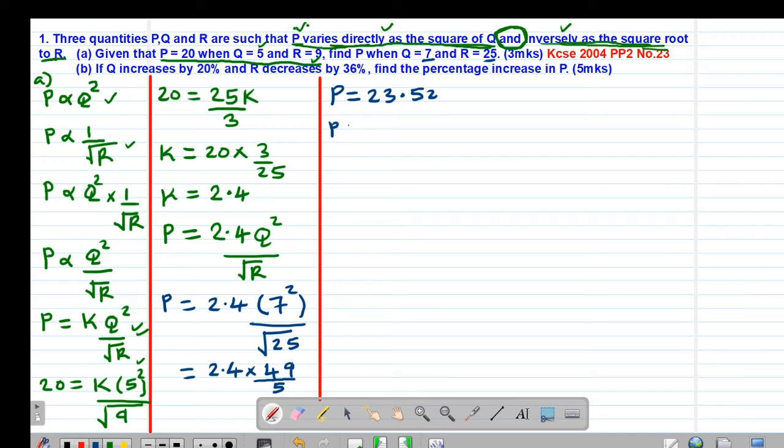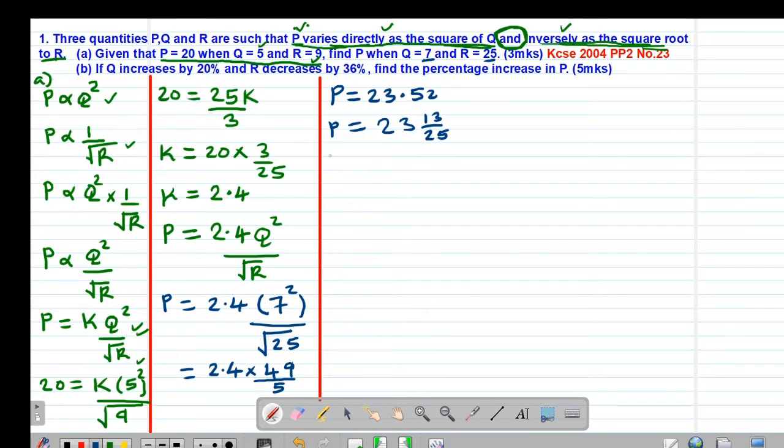P can also be expressed as a mixed fraction. 23.52 as a mixed fraction is 23 whole number and 13 over 25. So either of the two should be a solution.